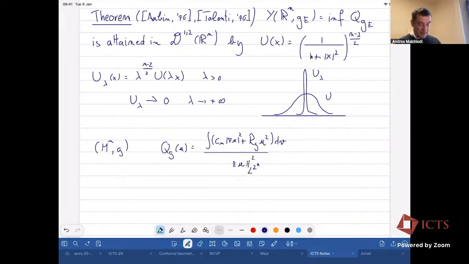And we define the Yamabe constant to be the infimum of Q_g of u for u in W^{1,2}.